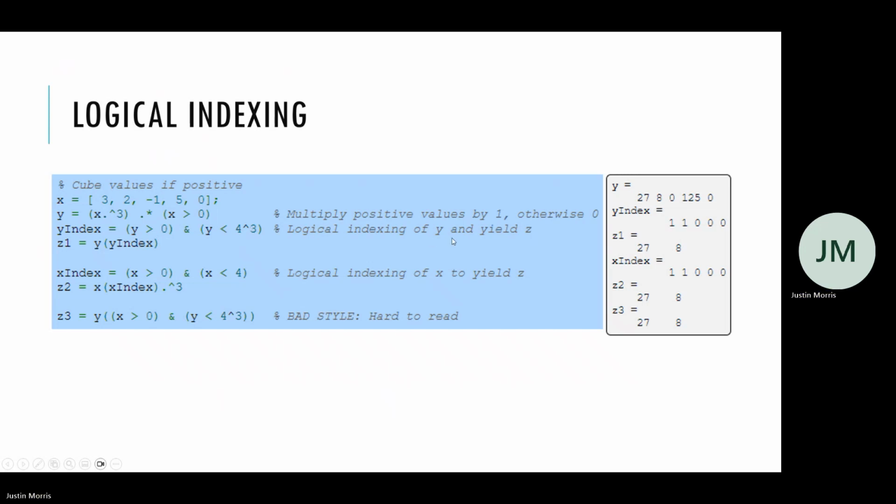Right? So here it's positive, and it's less than 64. Positive, less than 64. Not positive, not less than 64. Not positive. Right? So we only get back 27 and 8.